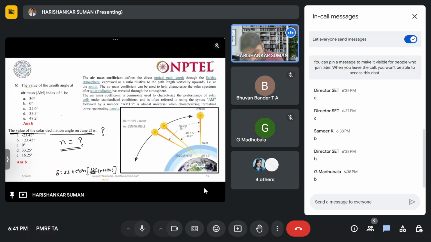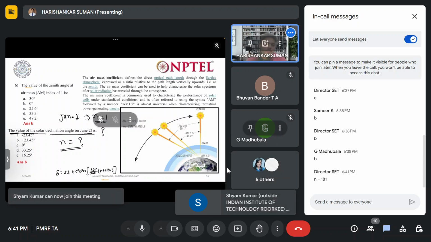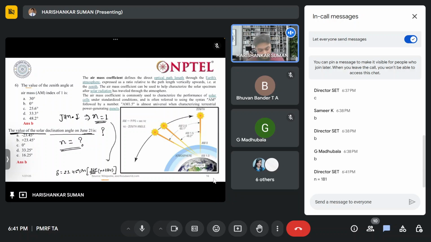Let's say January first represents n equal to 1. Now calculate for June. Okay, 181. So use this in this equation.